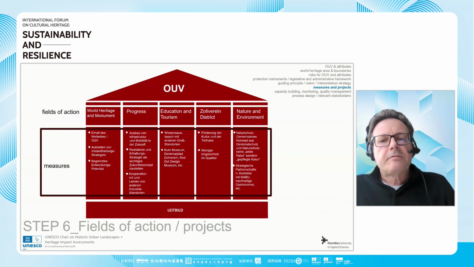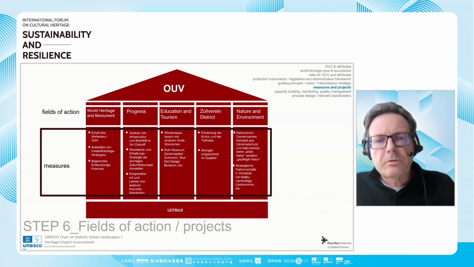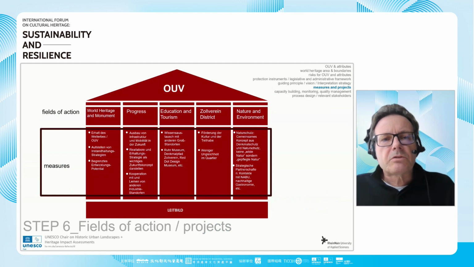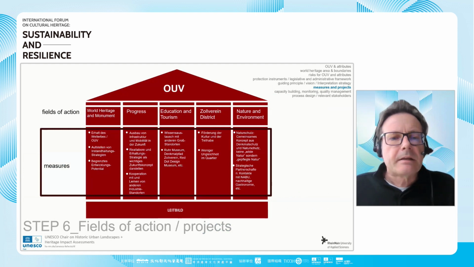And finally, we defined fields of action together for the next 5 to 10 years, where we also tried to cover all those issues which we came across through this elaboration process of the management plan.